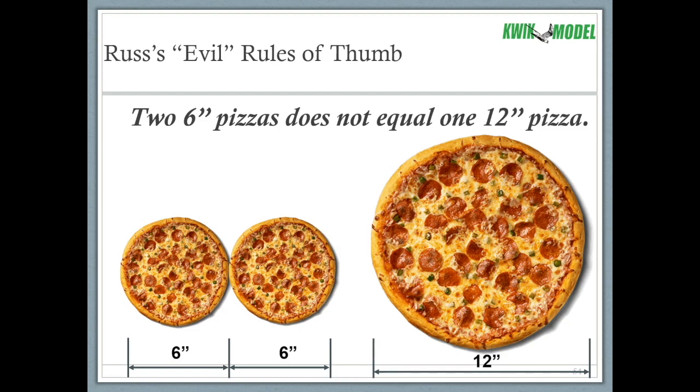Even if the cross-sectional area of two ducts is the same as one duct, that one duct will move more airflow because of the resistance of the surface area, the crust, so to speak. So even if this area plus this area equaled this area, this duct will still move more air because it doesn't have as much resistance to the air. In our pizza analogy, that would be the crust. Okay. All right. Did I make everybody hungry?